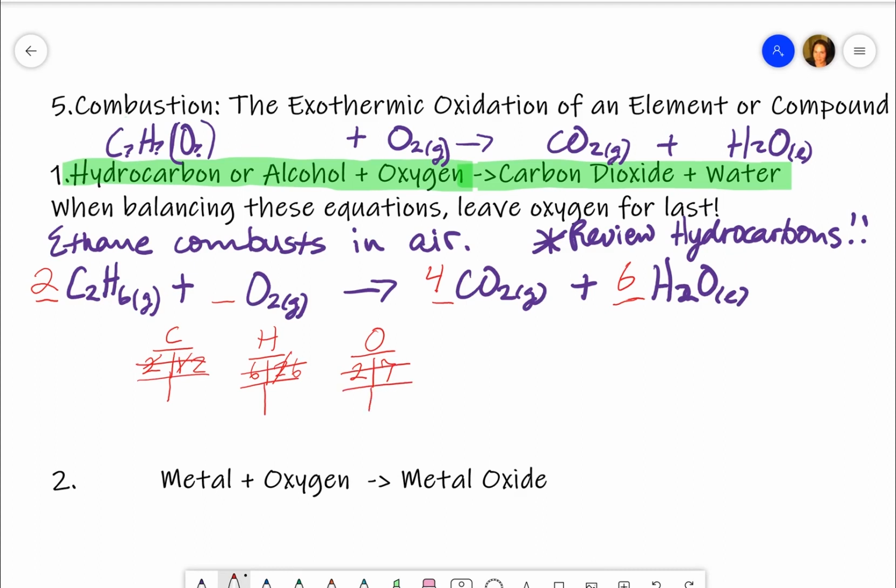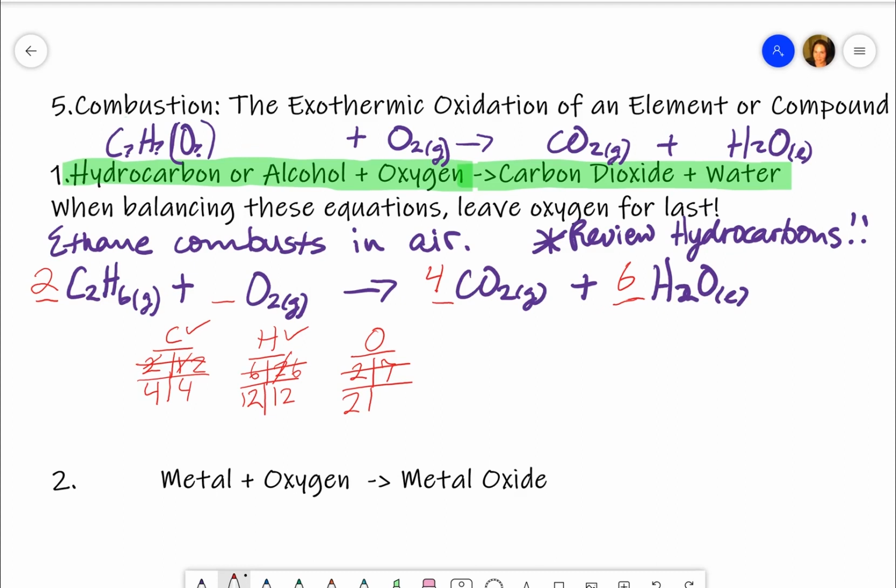Okay, so now I'm going to have to start my T-charts over again. On the left, 2 times 2 is 4, and on the right, 4 times 1 is 4, so carbon is good. On the left, hydrogen, 2 times 6 is 12. On the right, 6 times 2 is 12, so hydrogen's good. On the oxygen, on the left, I have 2. On the right, I have 4 times 2 is 8, plus 6 times 1.